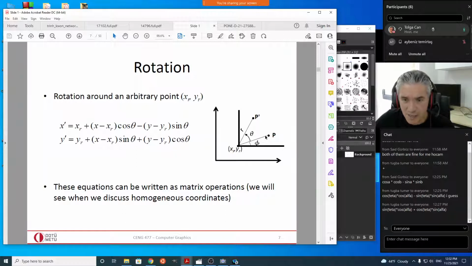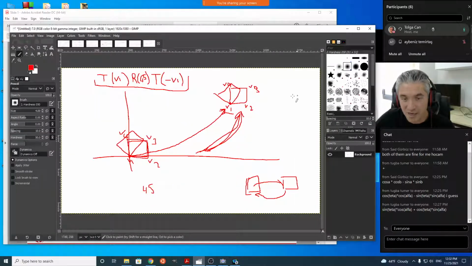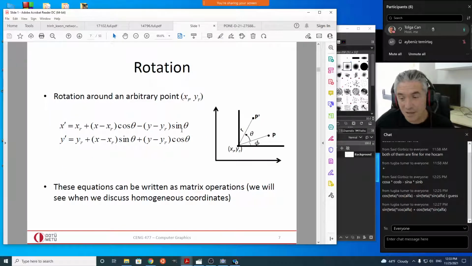If you want to rotate a point P around an arbitrary point, the formula gets much more complex than just x times cos theta minus sin theta. But if you do it this way with a composite matrix multiplication, at the end you'll get some 3 by 3 matrix, and this 3 by 3 matrix is going to spell out the same formula you see here on this line.